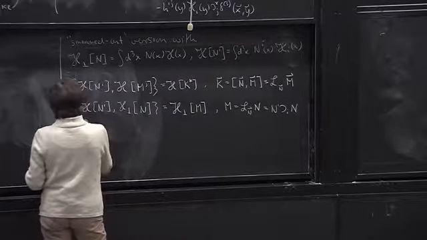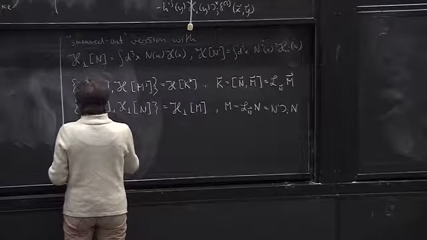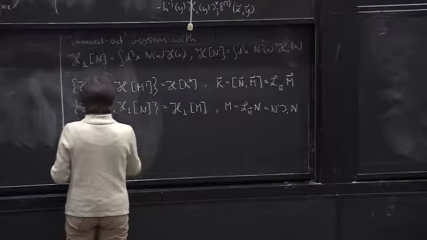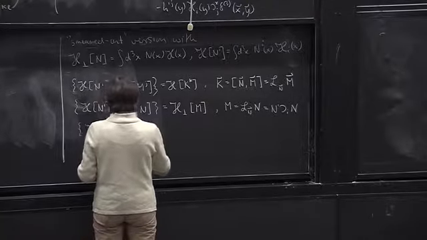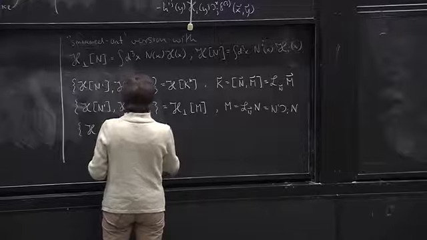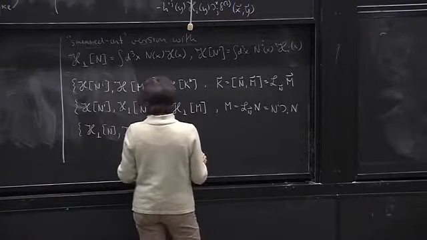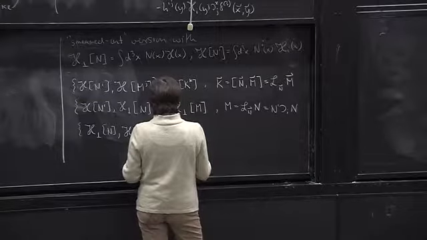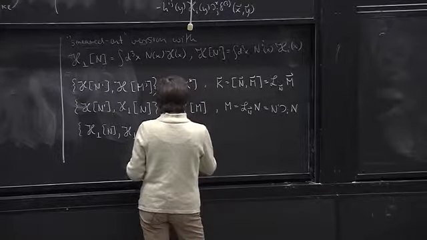And lastly, my H perp smeared with n, Poisson bracket H perp smeared with m, gives me a H of a K^i.